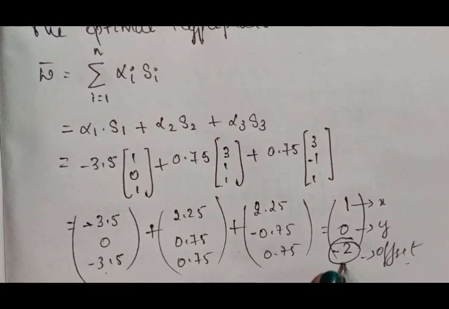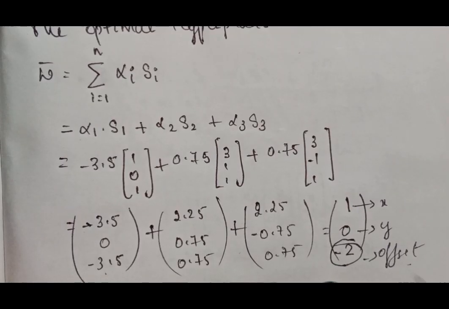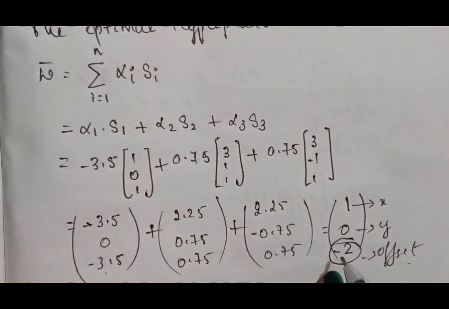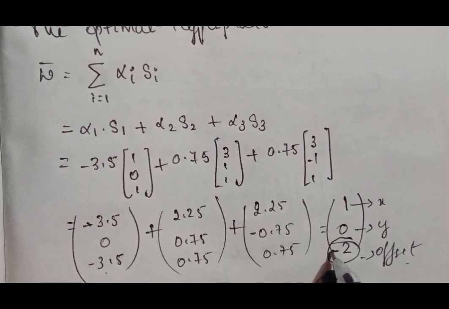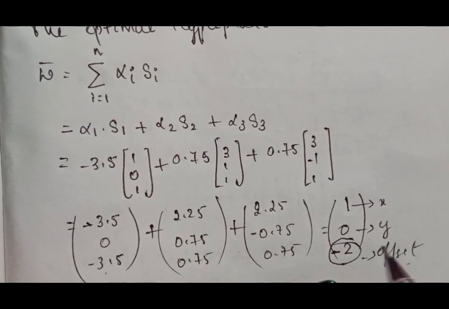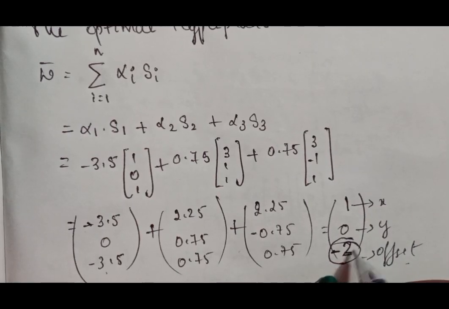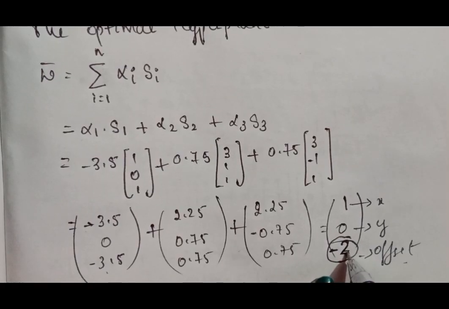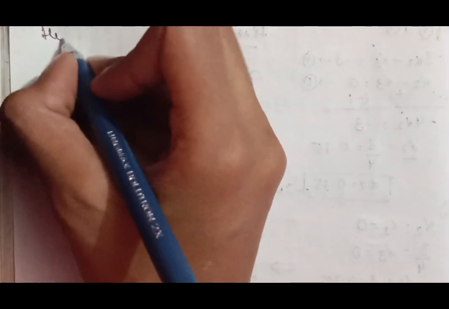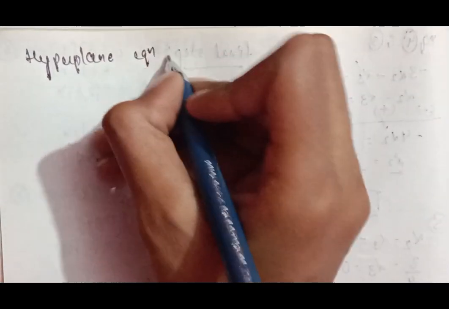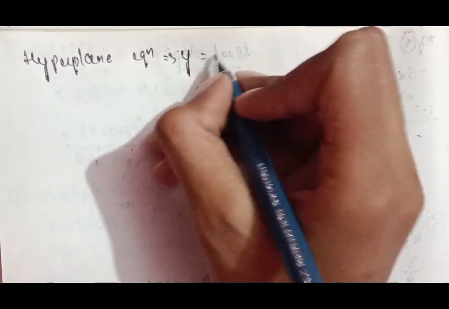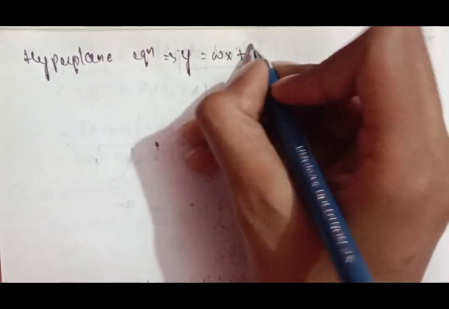In the initial step you have taken it as 1, if you remember, which is positive, and this you have got is negative. So you have to neglect the negative sign. So 2 is the offset for the given data points. Fine. As we know the hyperplane equation says y equals wx plus b.